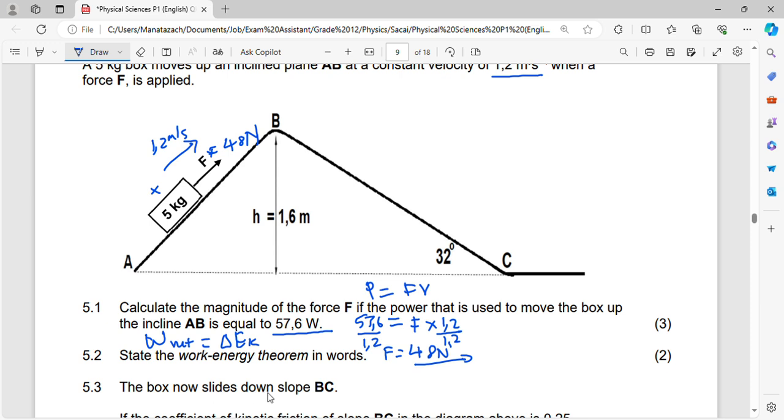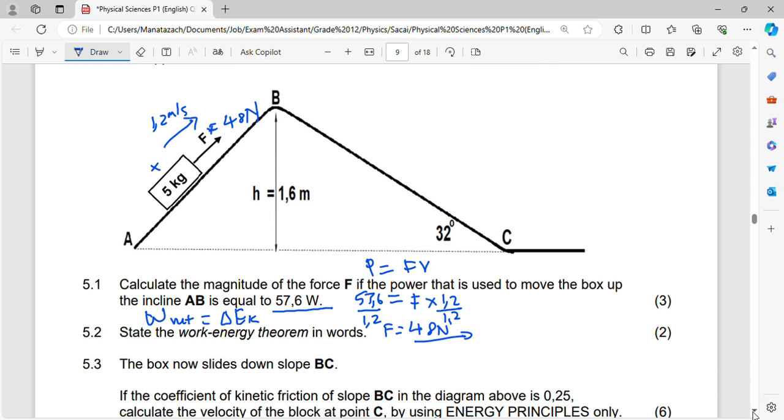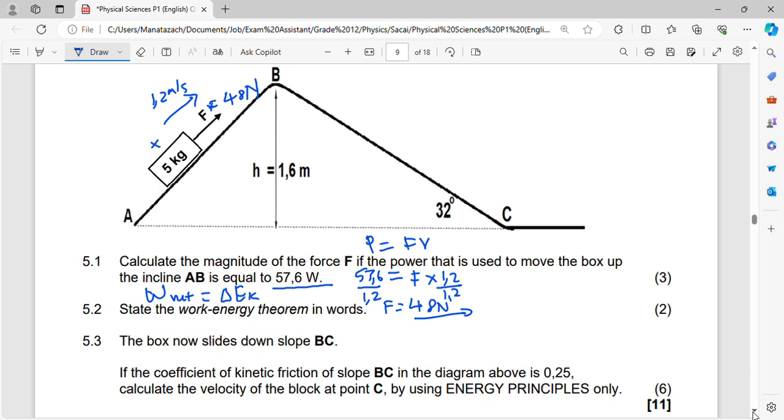And then when you go to 5.3, it says the block now slides down the slope BC. The question is, if the coefficient of kinetic friction for slope BC is 0.5, calculate the velocity at point C using the energy principles only. So we need this velocity here, right?